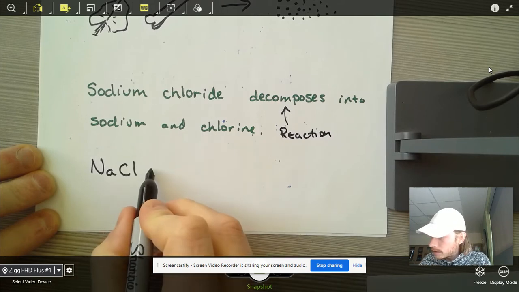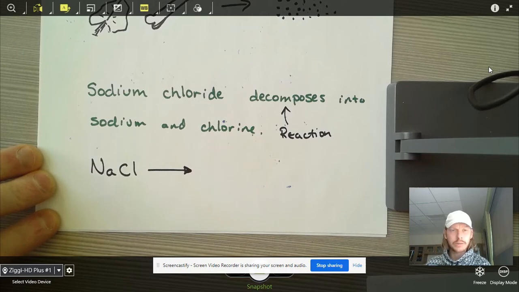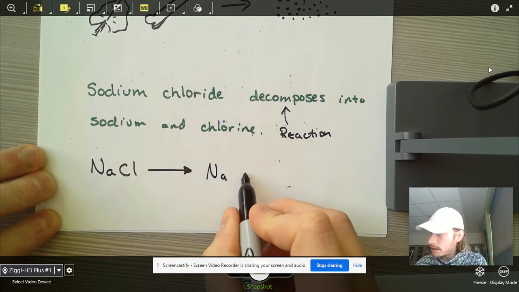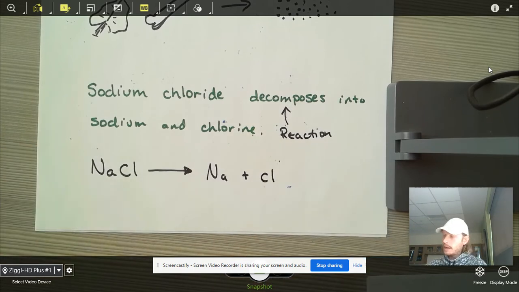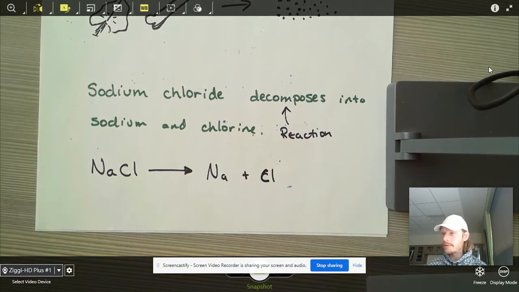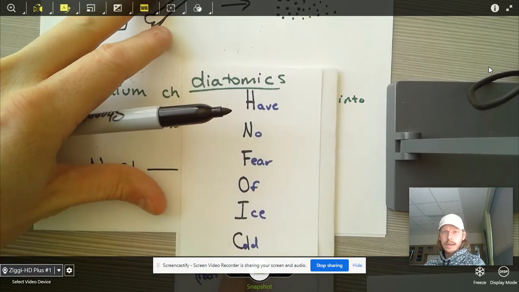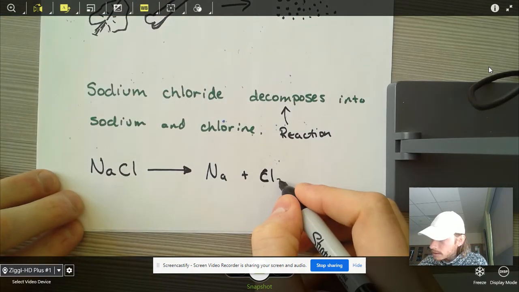To show a reaction in our chemistry class, we're just going to use an arrow, to create sodium and chlorine. Some of us might catch it right off the bat. We have to remember that chlorine is in group 17 and is one of our diatomic elements. So we're going to need Cl2.